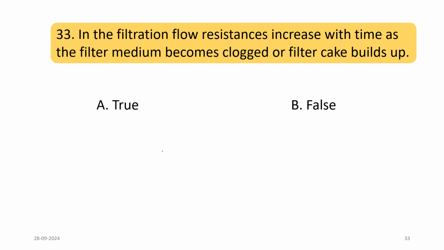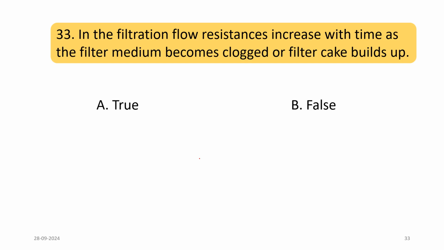Next question. As the time passes during filtration, either the flow rate or pressure drop. Which one is correct? What happens to the flow rate and pressure drop? So this is similar to the previous question.